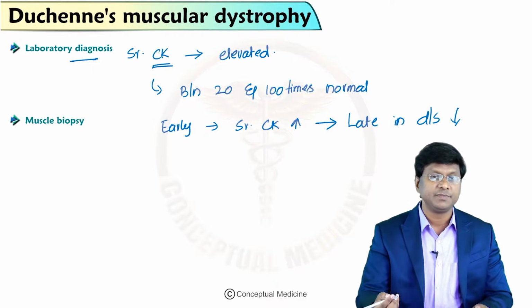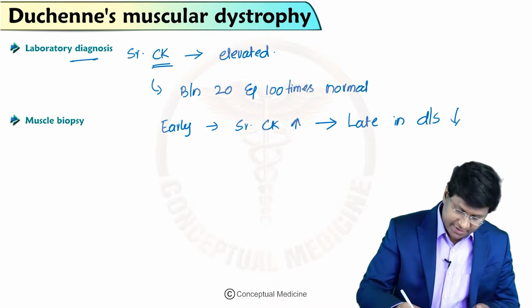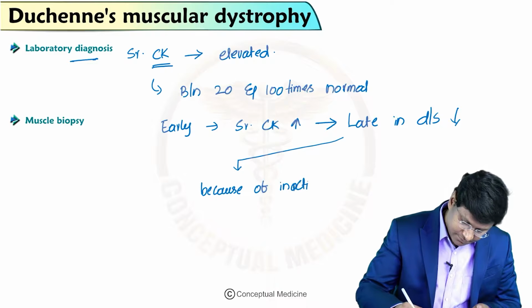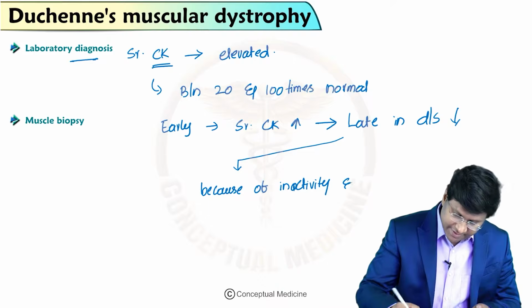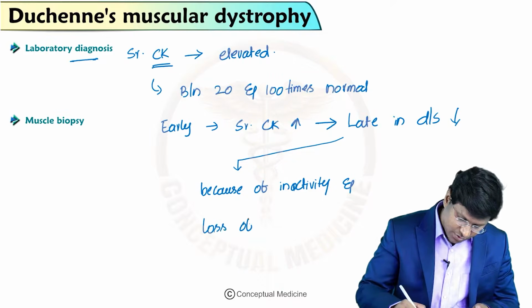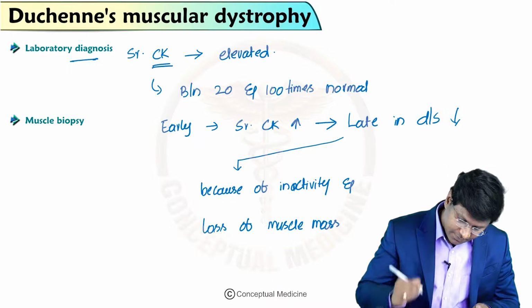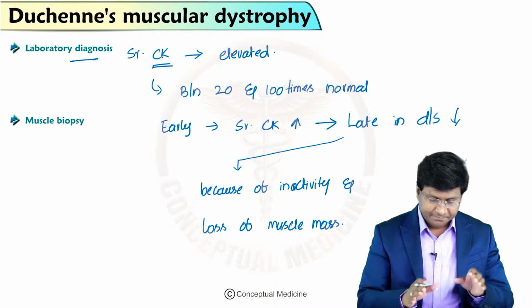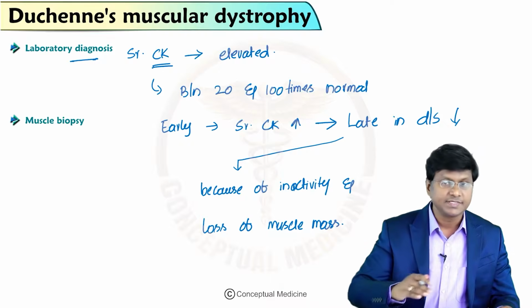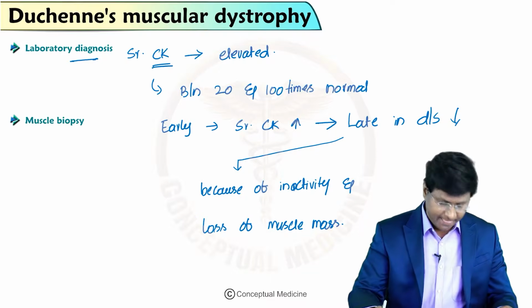And why may the levels be reduced? That is because of inactivity and loss of muscle mass. So these are the reasons why the serum creatinine kinase levels are elevated, and decreased later in the disease.